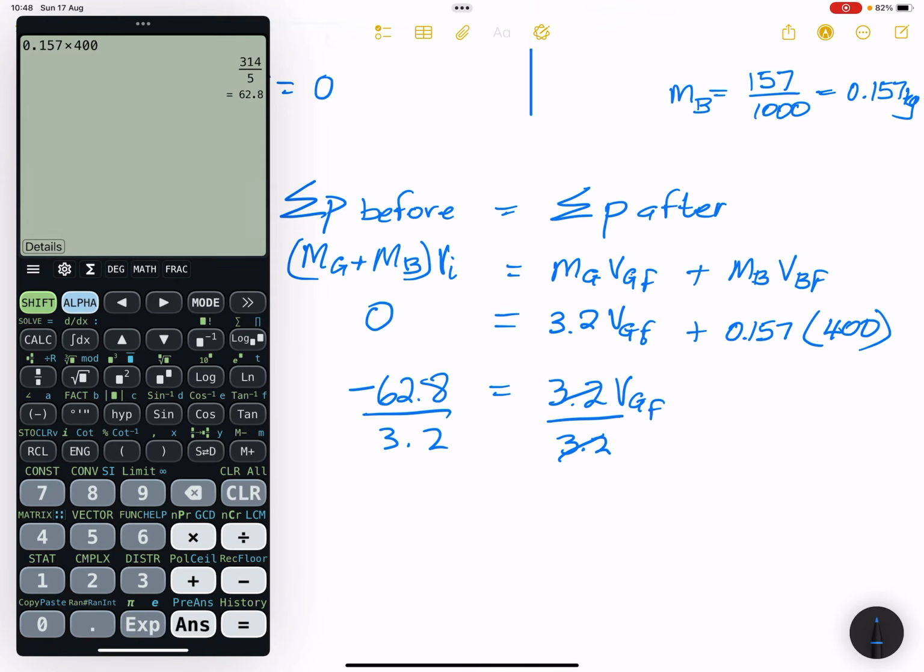So when we divide by 3.2, I get a velocity of the gun and the trolley system to be negative 19.63 meters per second. And please remember, it was a negative divided by positive.